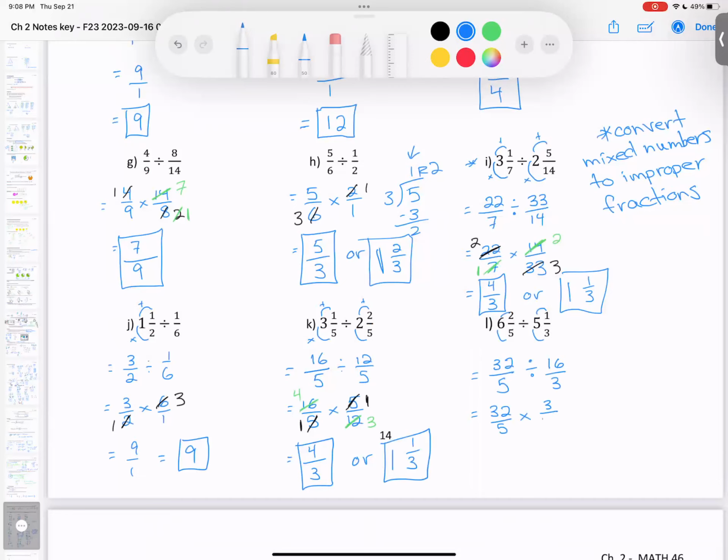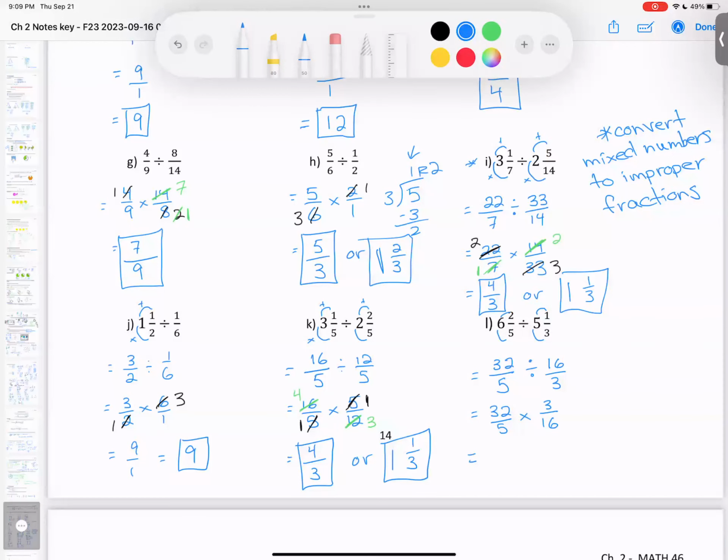So 3 over 16. All right. Now, I can see I could actually divide a 16 out here because 32 and 16 are both divisible by 16. But just because I've been kind of partial to doing cross simplification, let's actually do this one without cross simplification in case you prefer method 1.